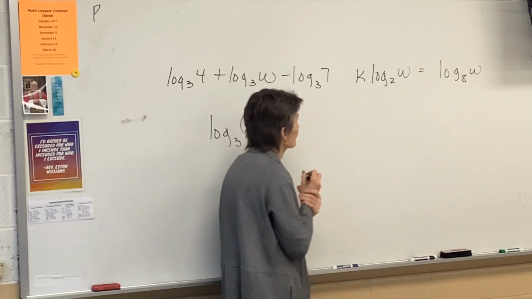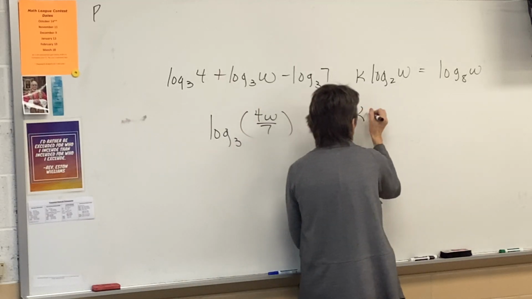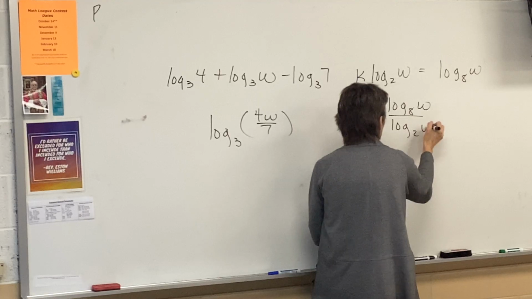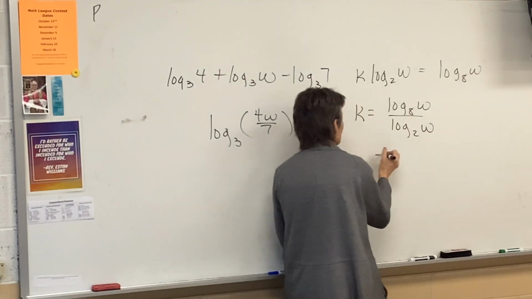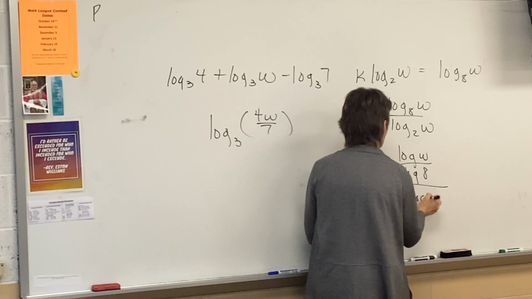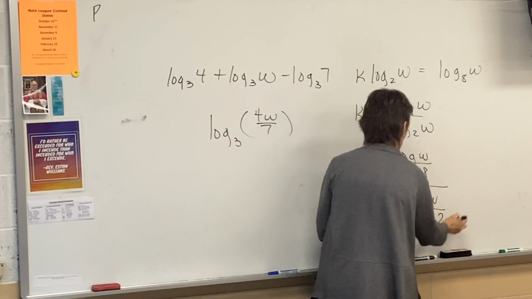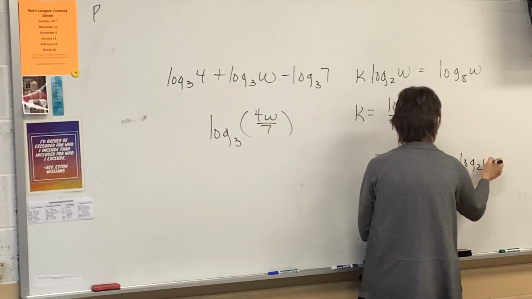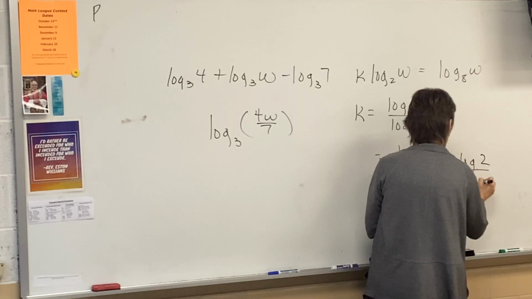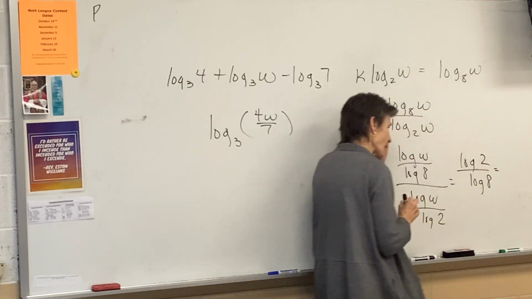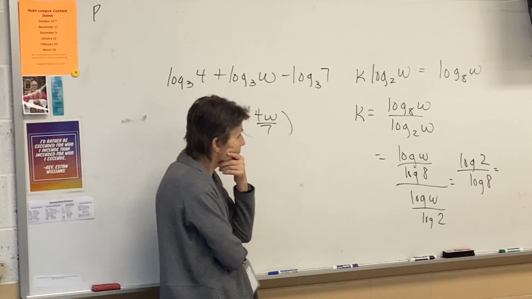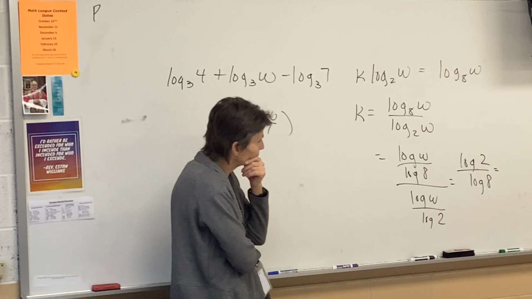And so then I did K equals log 8 of W divided by log 2 of W. And then I did what we did on the last one, log W divided by log of 8 all over log of W divided by log of 2. And then got the answer of log 2 over log 8. Now, did you do anything with that? I just added it to the log 2 of W side equals log 8.